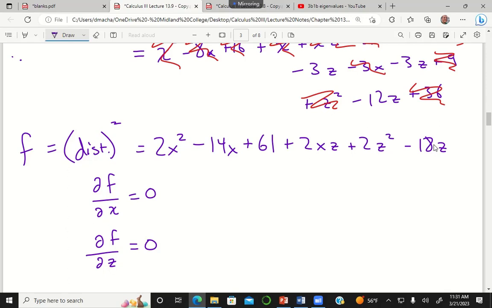Because this is the same as setting the gradient of f equal to 0. So these are my critical points, and I know that maximums or minimums have to occur at my critical points.